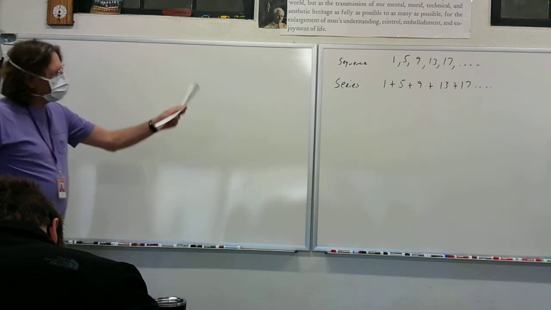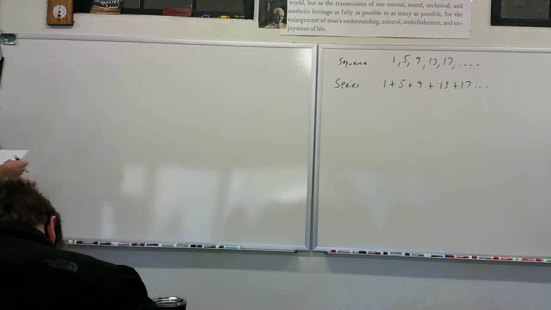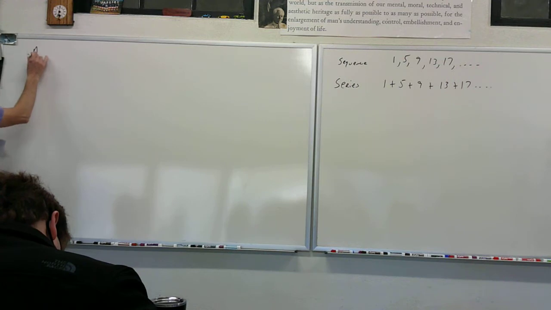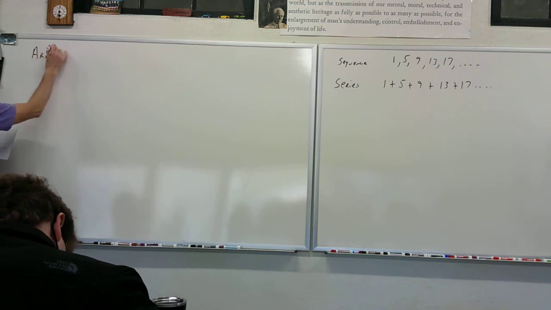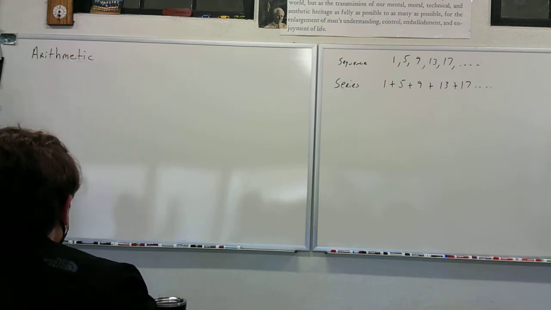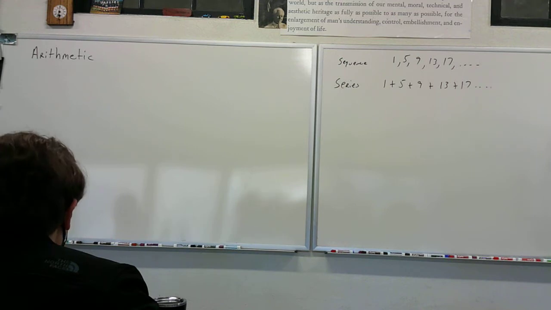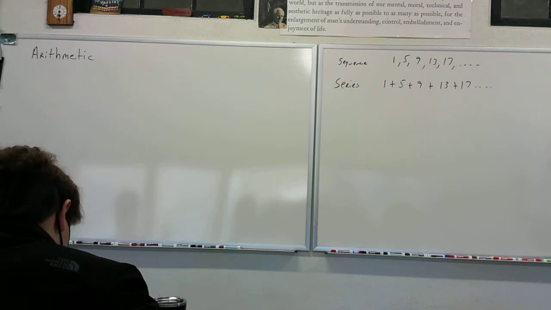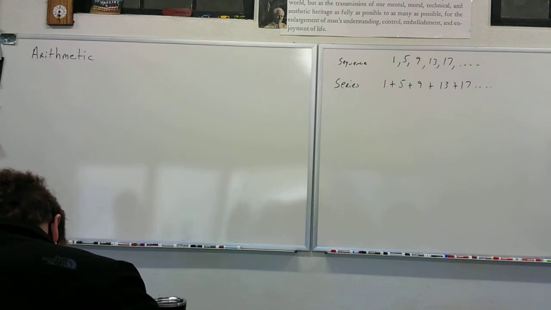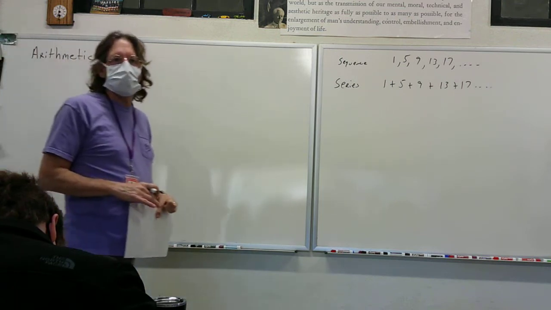Now, this particular one that I just did is called arithmetic, and I could probably mispronounce this. And for this arithmetic series or sequence, I'm going to tell you how to recognize them.